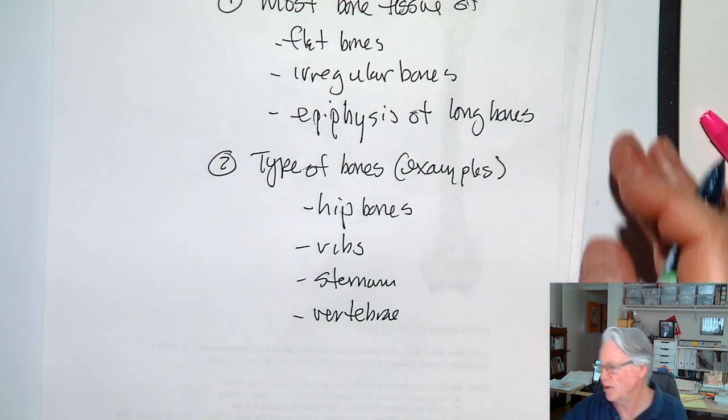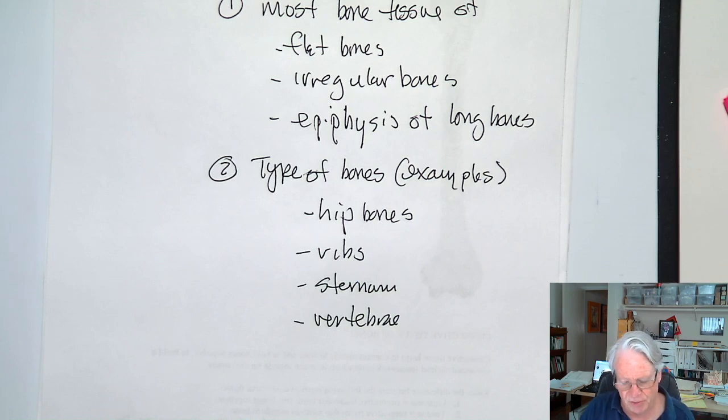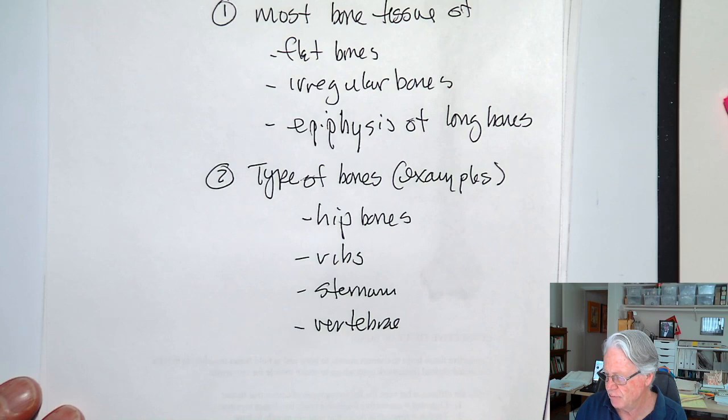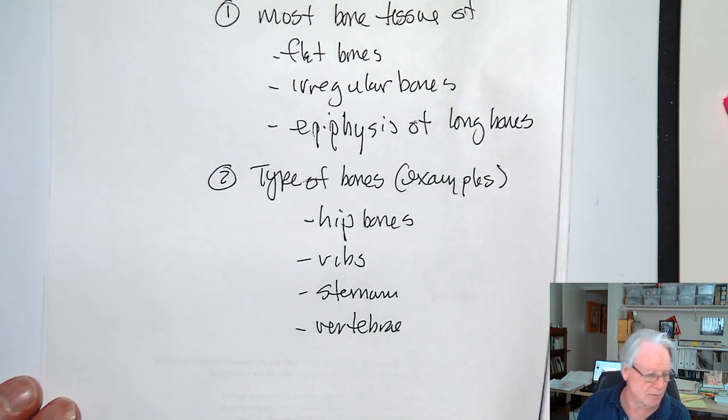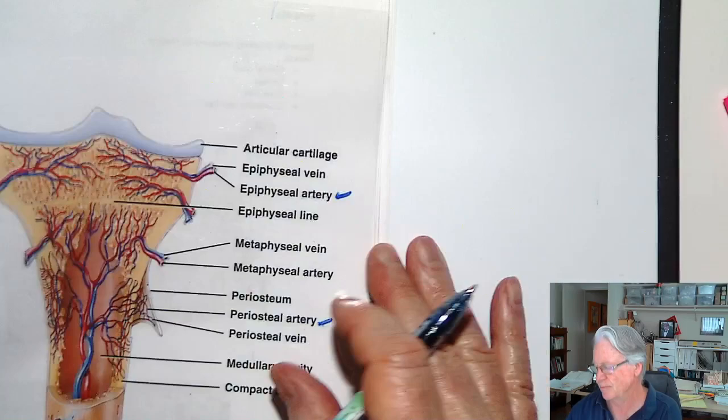So that's all we really need to know in terms of the structure of bone. Let's go through and identify sources of blood for bone tissue and the nerve network that is supplying the bone tissue. To do that, we've got a nice little drawing here.